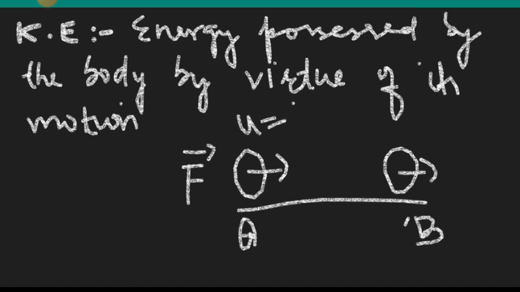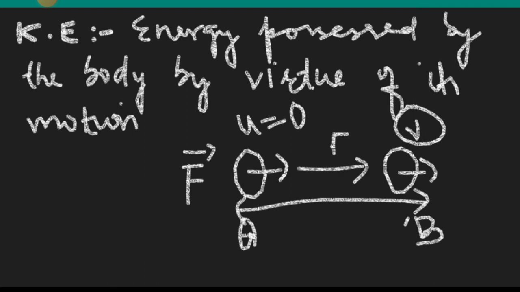Suppose the initial velocity of the body is u and the final velocity is v, which it has attained after going through this displacement from A to B. Remember that the body always moves in the direction of the applied force. If the force is applied in this direction, the body will move along the direction of the force.